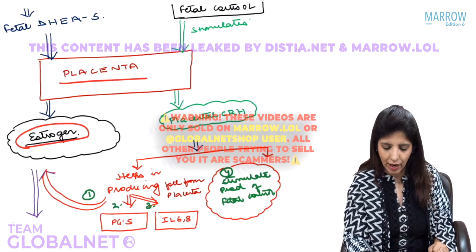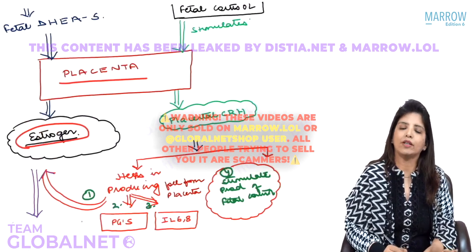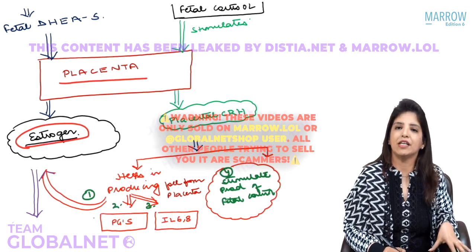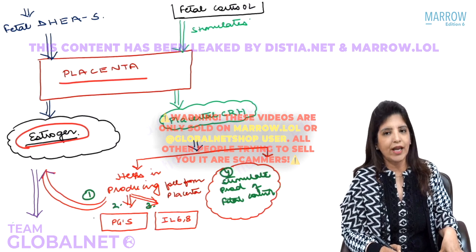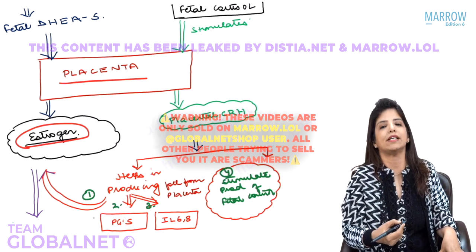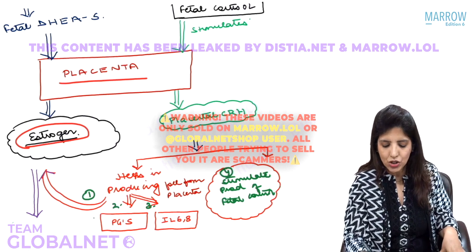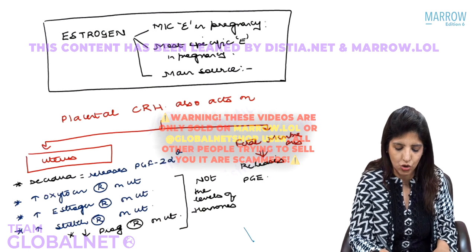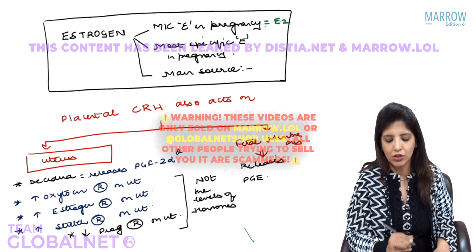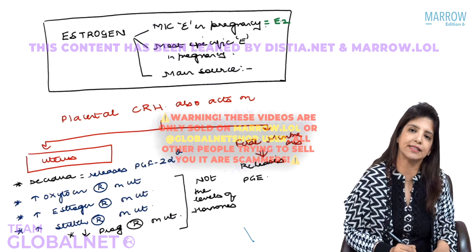Right? Now over here we saw that placenta is producing estrogen with the help of DHEA sulfate, and cortisol is stimulating the placenta to produce estrogen. Right? Now the questions which they can ask you over here are, what is the most common estrogen in pregnancy? It is estradiol, that is E2.